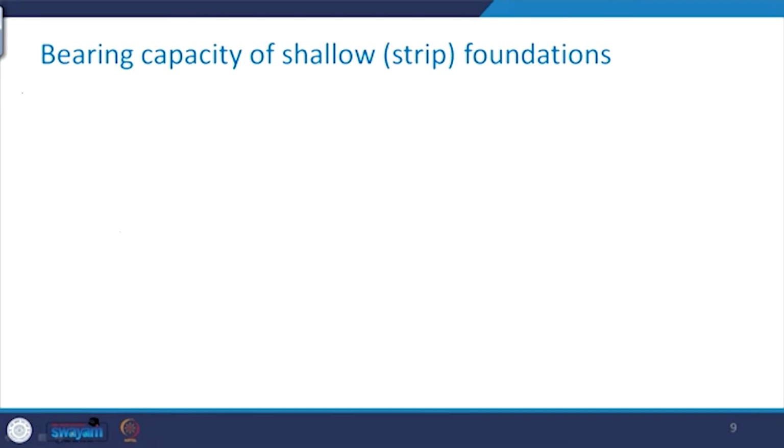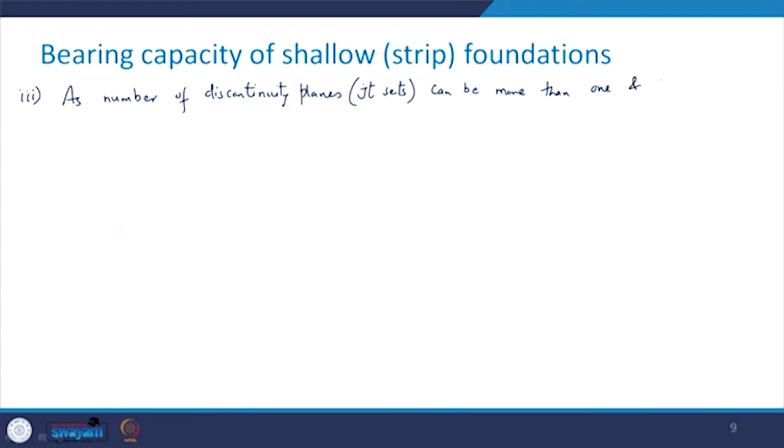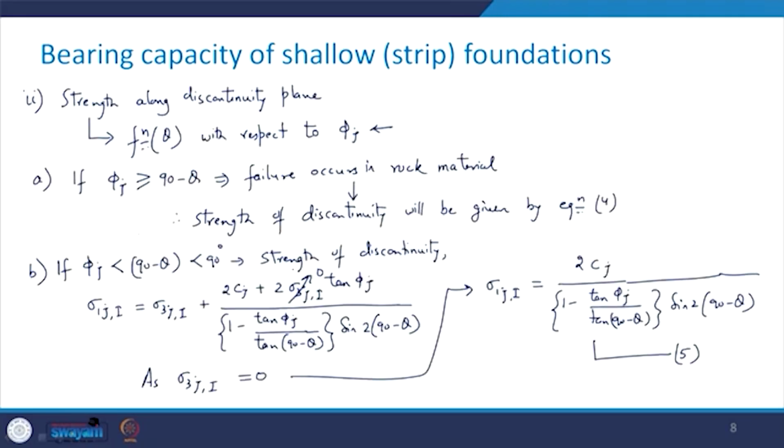So I have a third case here, that the number of discontinuity planes, or maybe you can say the joint sets, can be more than 1 and each may have its own Cj and phi j.